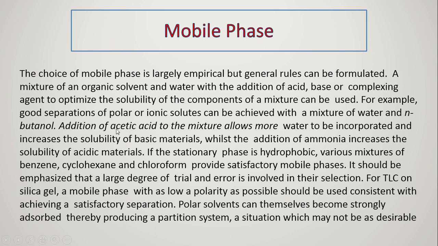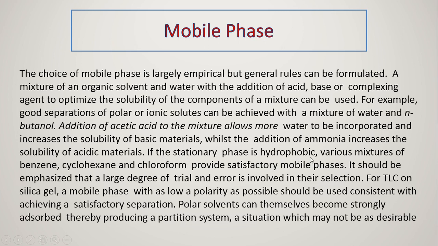So in presence of this acetic acid in mobile phase, the solubility of these basic materials increases in mobile phase, while the addition of ammonia increases the solubility of acidic materials. If our sample components have acidic nature materials, then the use of ammonia is good.